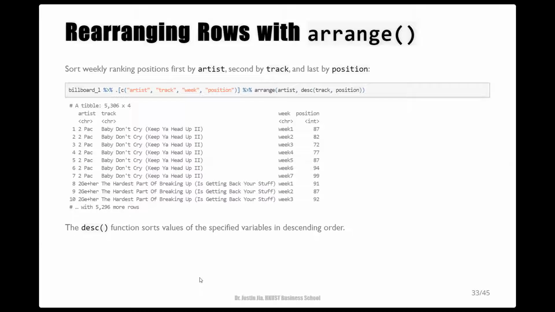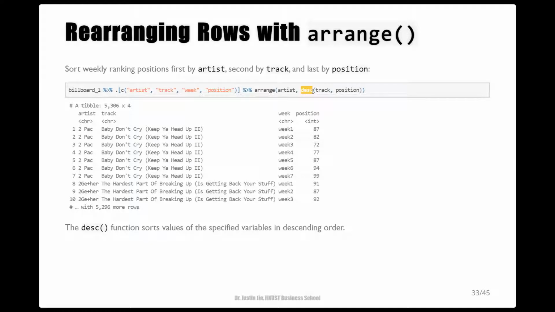If we want to sort weekly ranks, we can use the verb arrange. Arrange takes a data frame and a set of column names to order by. Later columns are used to break ties resulting from earlier columns. And for descending order, just use the desc function around the corresponding column names.